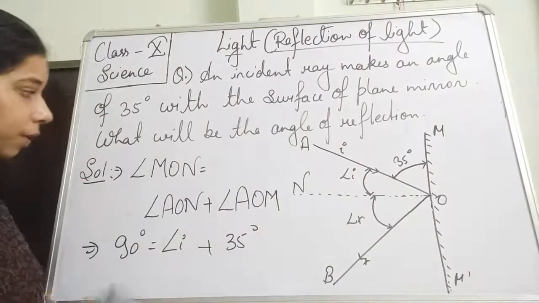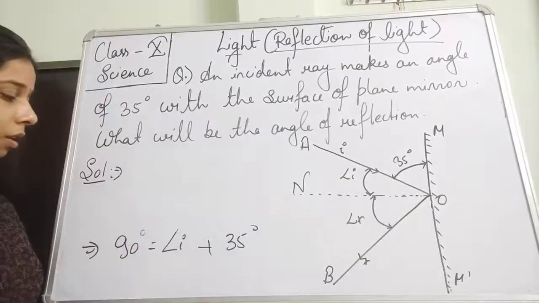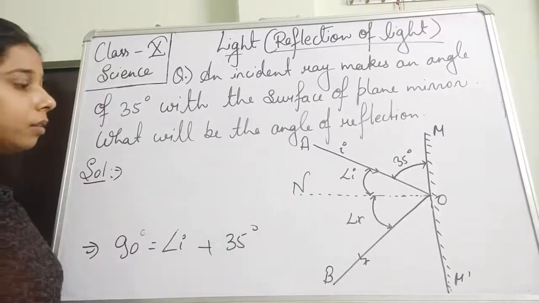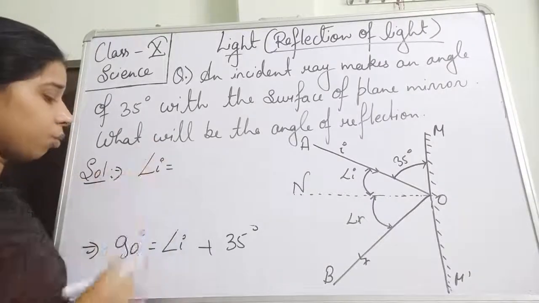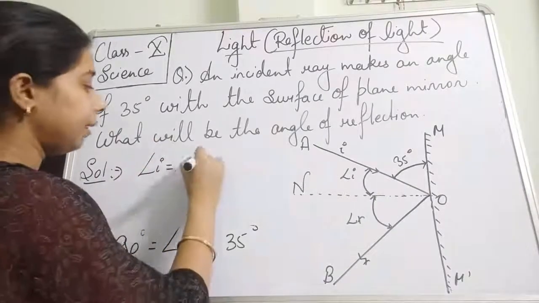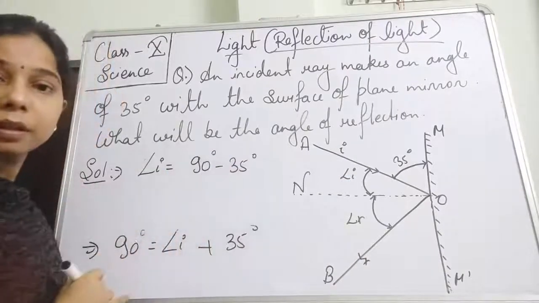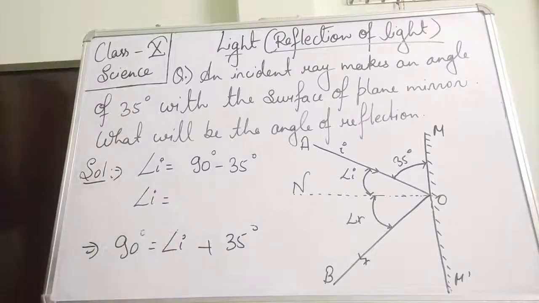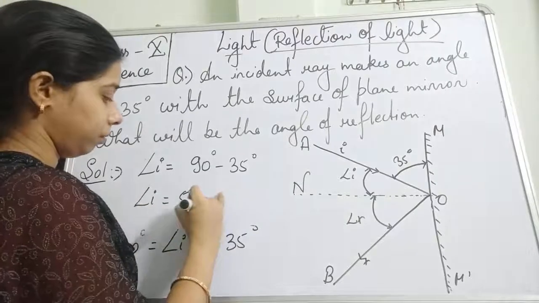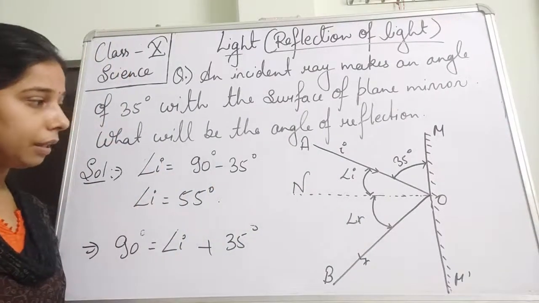Now by this we will get the value of angle I. So this angle I will be equal to 90 degrees minus 35 degrees, and this angle I will be equal to 55 degrees.